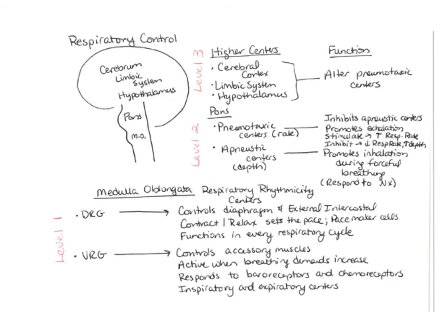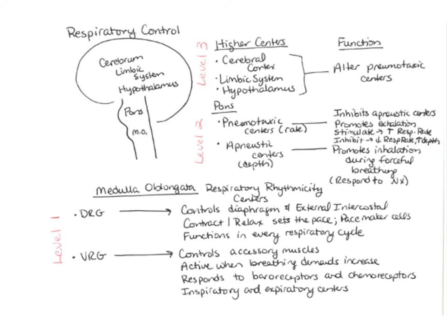Okay, so here we have all of the centers. First of all, in the medulla oblongata, we have what are called the respiratory rhythmicity centers. These are involuntary nuclei in the reticular formation of the medulla oblongata, and they control the minute volume.